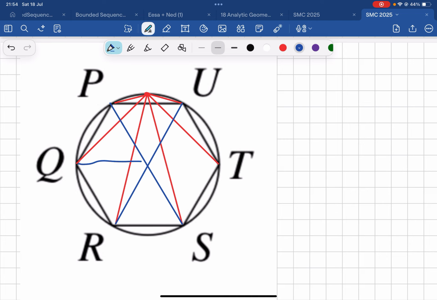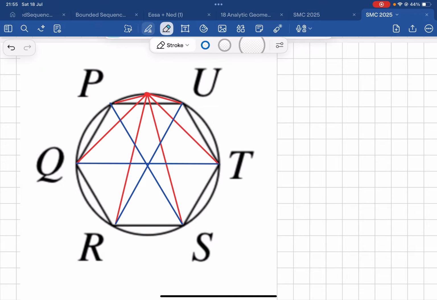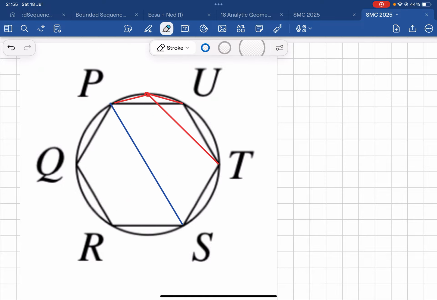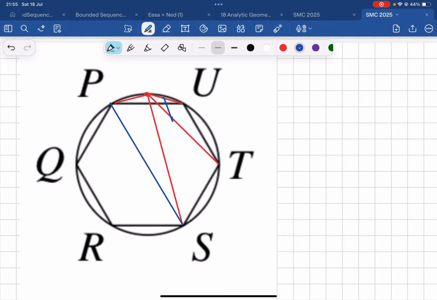Now why is this useful? Okay, we made the diagram slightly more confusing, but that's fine. Well, notice that we've got, actually let's just remove some of the diagram, so we're left with just that.